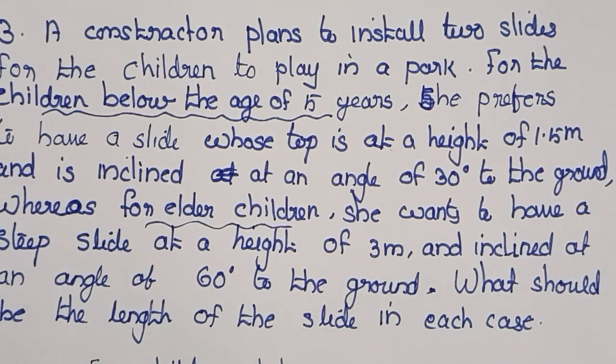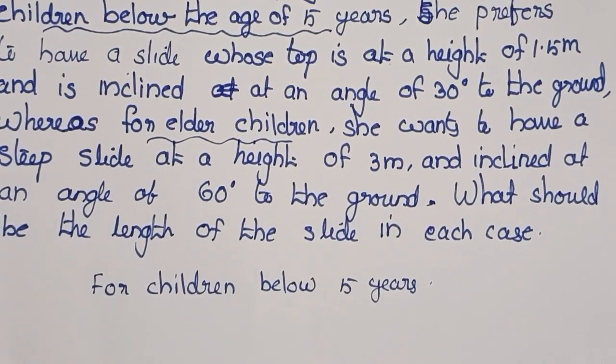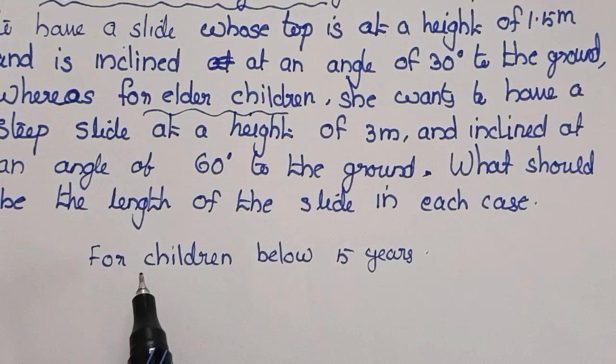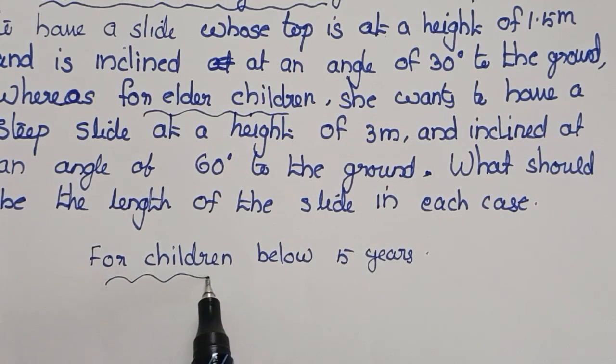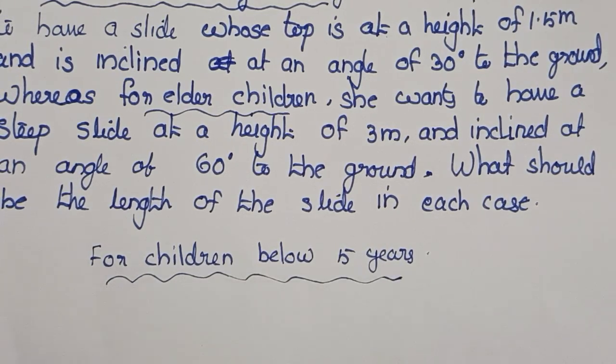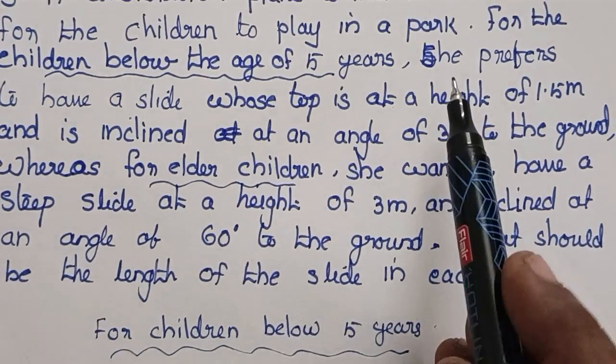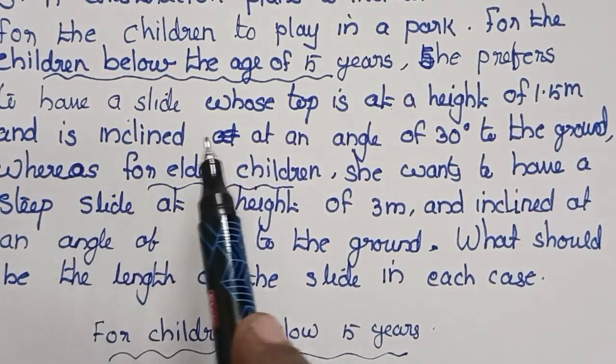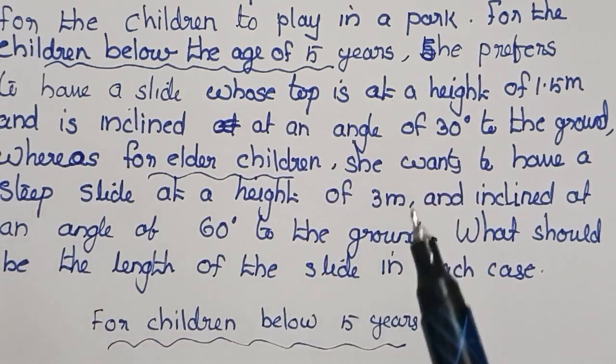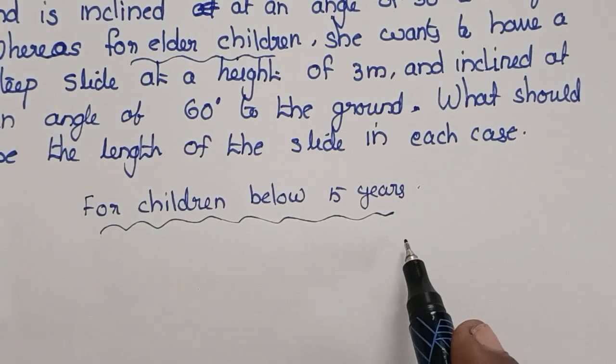So we can take the first case, that is for the children below 5 years. In that case, she prefers to have a slide whose top is at a height of 1.5 meters.